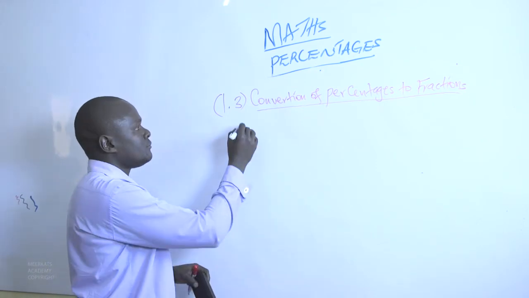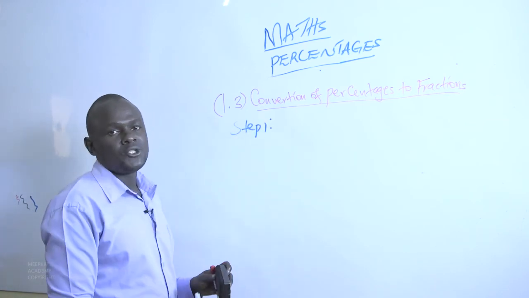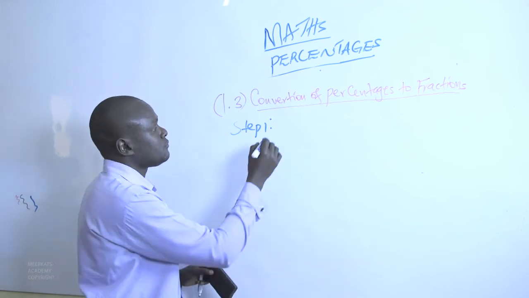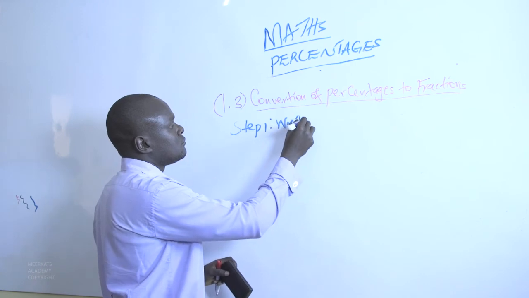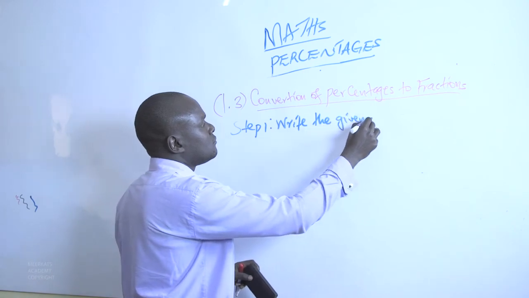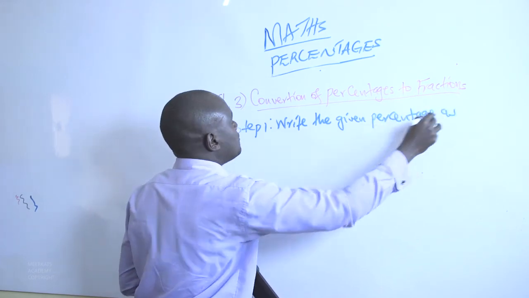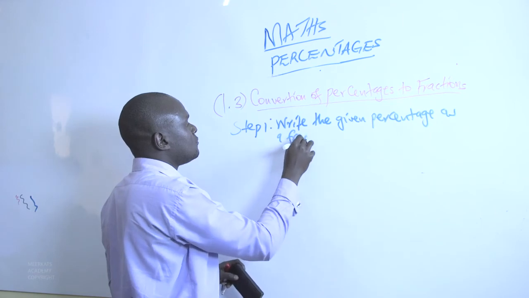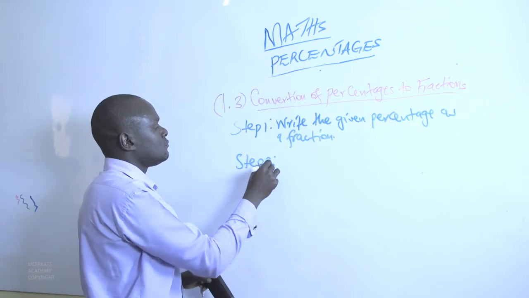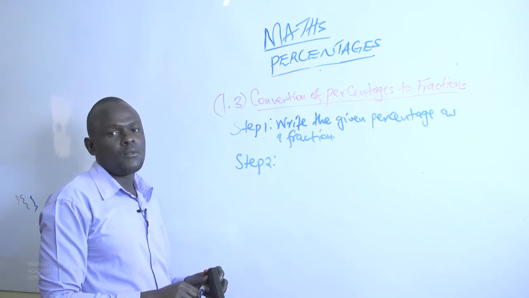The first step is to write the given percentage as a fraction and the second step is to simplify that fraction.